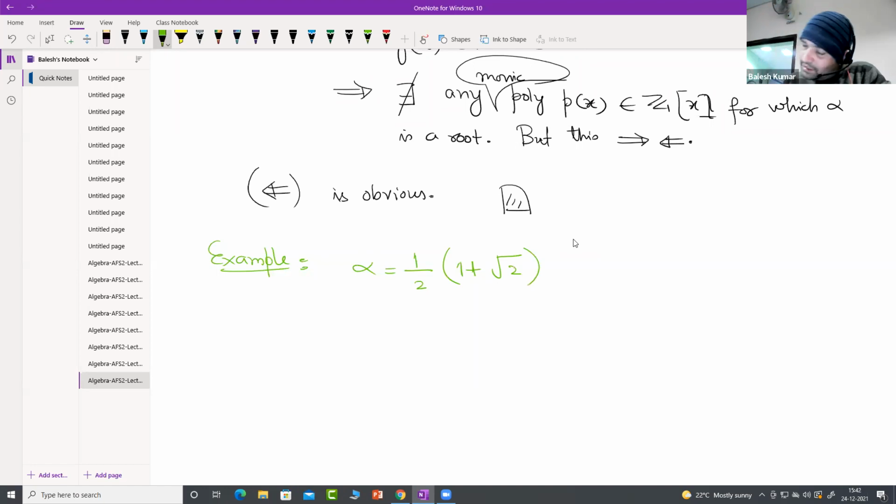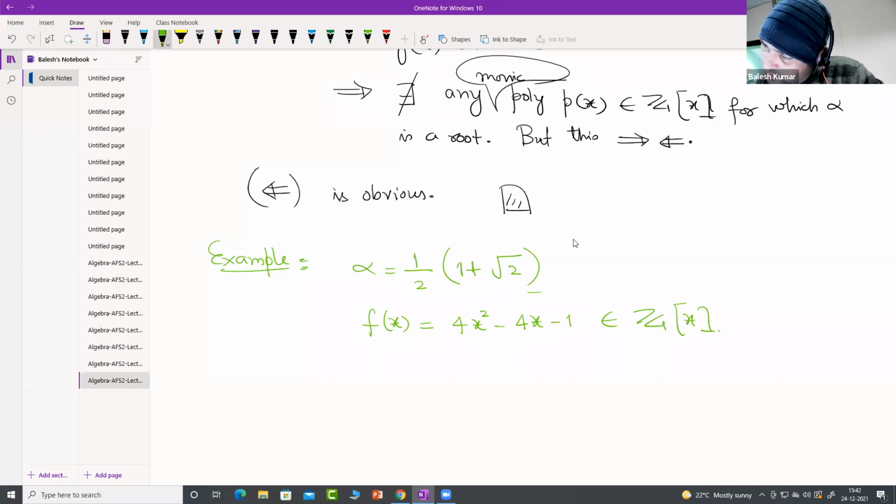In order to check whether it is an algebraic integer or not, we need to find a primitive irreducible polynomial for alpha. f of x will be of the form 4x squared minus 4x plus 1. This is a primitive irreducible polynomial with integer coefficients, because the GCD of the coefficients is 1. So this is primitive, but alpha cannot be an algebraic integer because the leading coefficient is not 1.